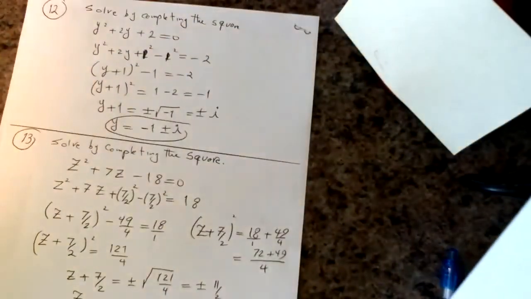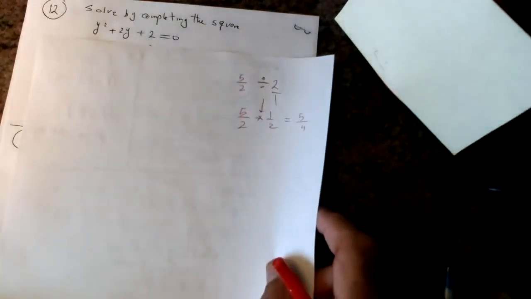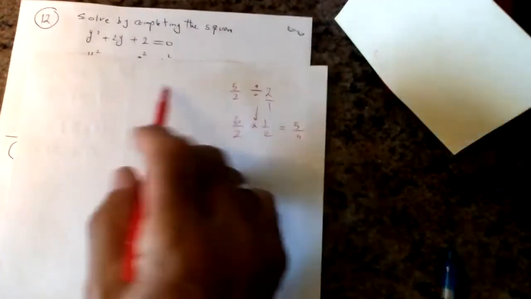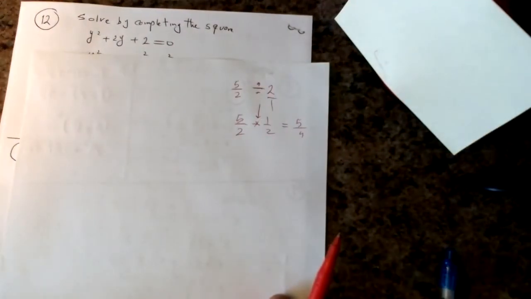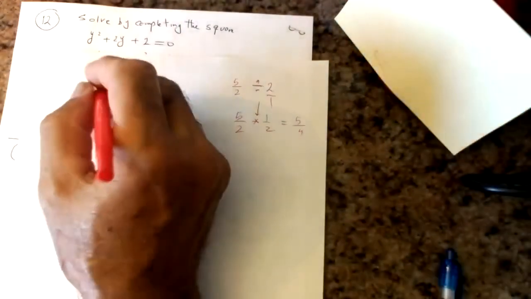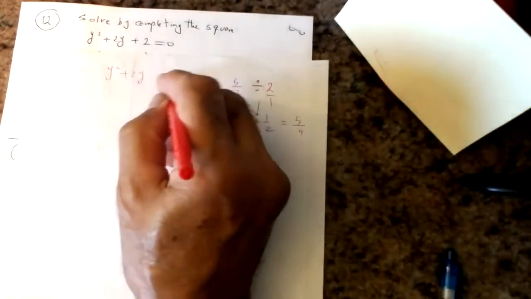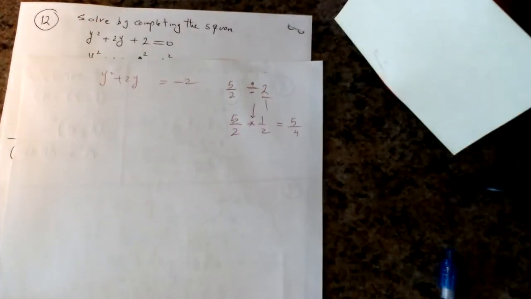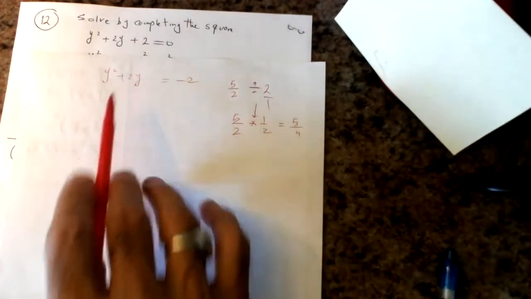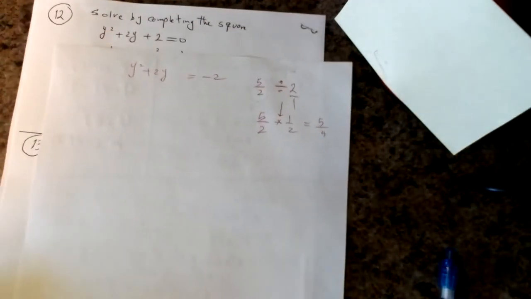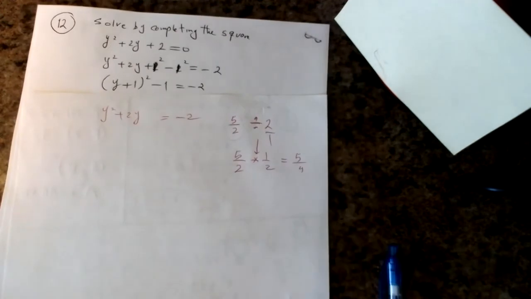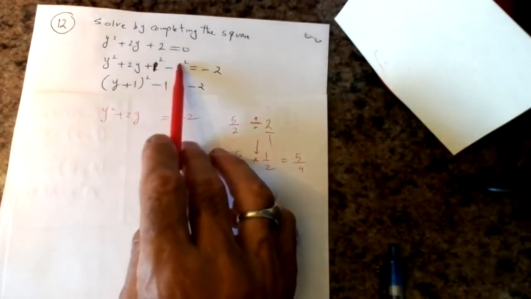And then here, first you take the 2 to the other side because we want to deal with just y squared plus 2y. We want to just deal with this, okay? So we take the 2 to the other side. And then you add half of 2. Half of 2 is 1. So you add 1 to the power of 2 minus 1 to the power of 2.